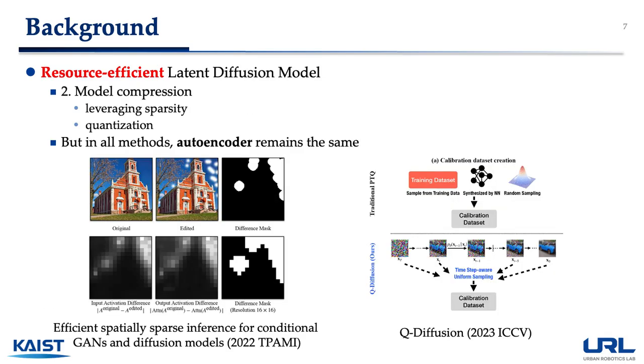And the second direction focuses on compressing the denoiser itself, using sparsity or quantization to reduce computation. These techniques made the backbone lighter or cheaper to run, but they still keep the latent representation unchanged. Across all these methods, one thing remains the same: the autoencoder has not been modified.